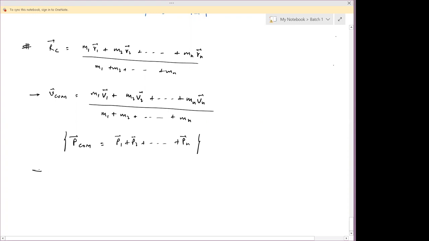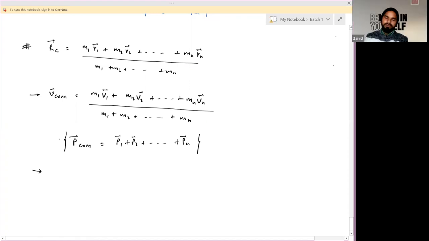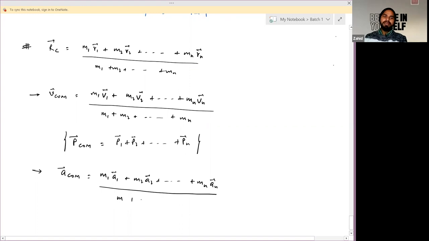Yes, sir. Now, if you further differentiate velocity, you will get acceleration of center of mass. So it will be m1a1 plus m2a2 plus so on to mn an divided by total mass m1 plus m2 plus so on to mn.